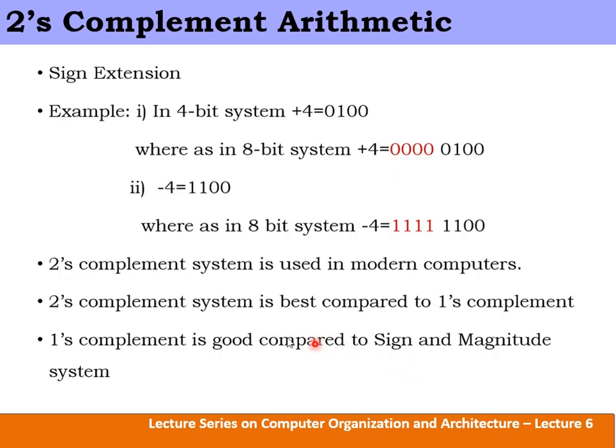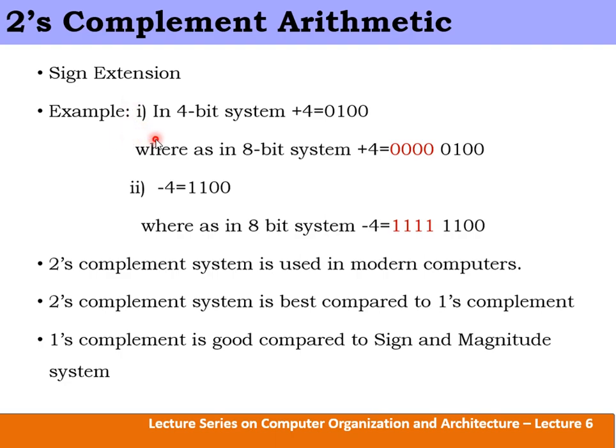Now let us move to one more important concept in 2's complement arithmetic, that is sign extension. Sign extension indicates that whenever we want to represent a number in a larger size, we are supposed to copy the sign bit into the remaining positions.